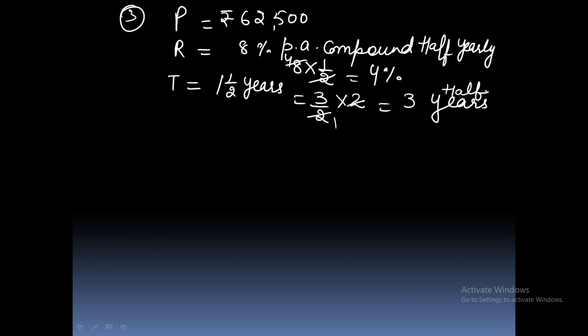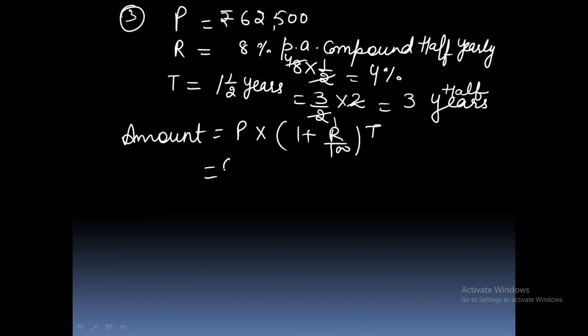Now you can implement compound interest. For calculating compound interest, first of all we calculate the amount. P multiplied by 1 plus R over 100 to the power T. P is given as 62,500. 1 plus R is given as 4 over 100.